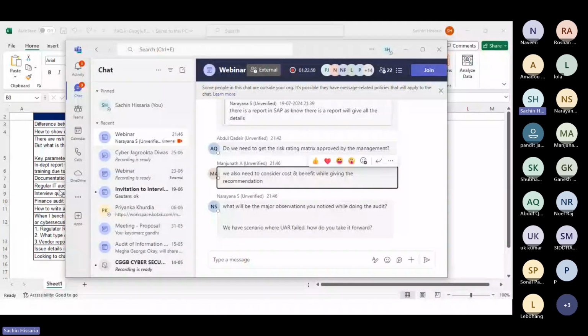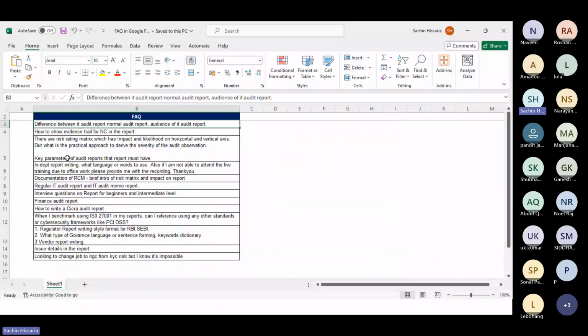So first we identify the root cause, and only then do we suggest what best they can do. In some cases, Narayan, we also suggest they implement an IDEM solution, which is an automated solution, correct? Once the ID is deactivated from the HRMS application, it is automatically deactivated in all the other applications. But again, it's a costly affair. Not every company can afford the same.